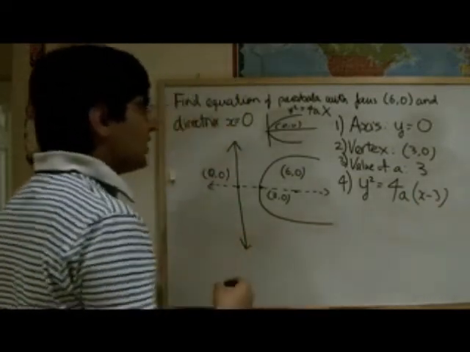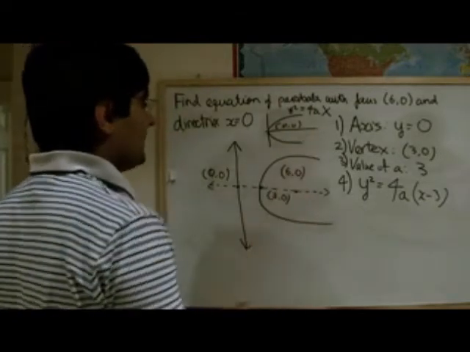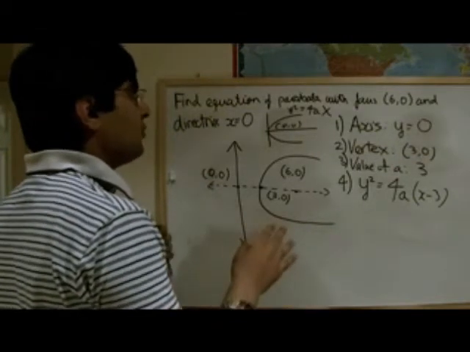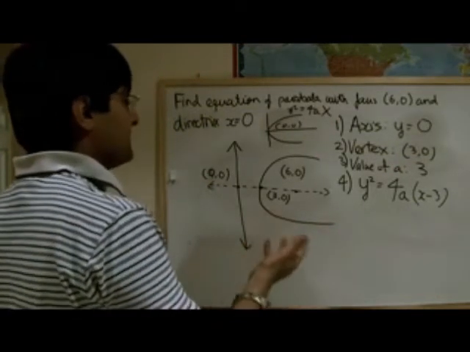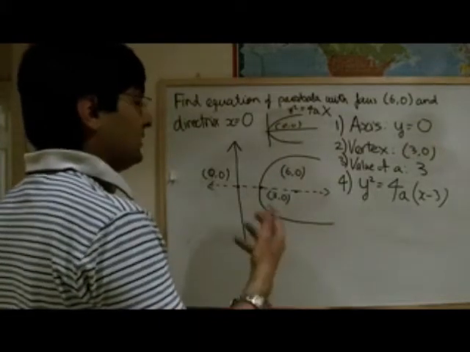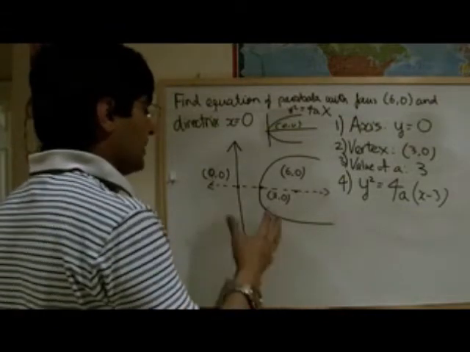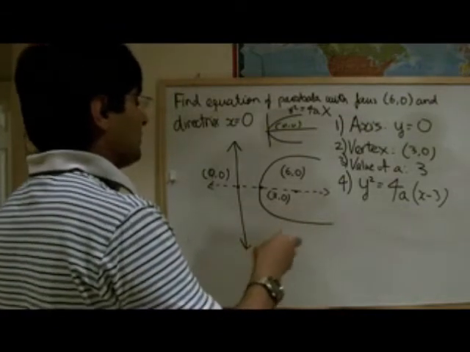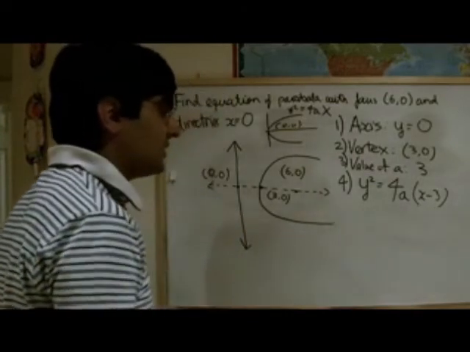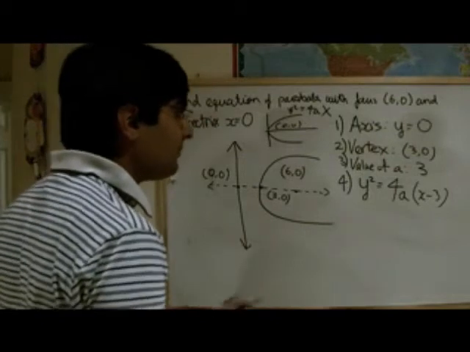We do this because this parabola is very similar to the standard one. The equation must be of the form y squared equals 4ax because they're both C-shaped parabolas. The only difference between them is that it's been moved 3 units to the right. And the way to move a graph 3 units to the right is to subtract 3 from the x variable in the equation.